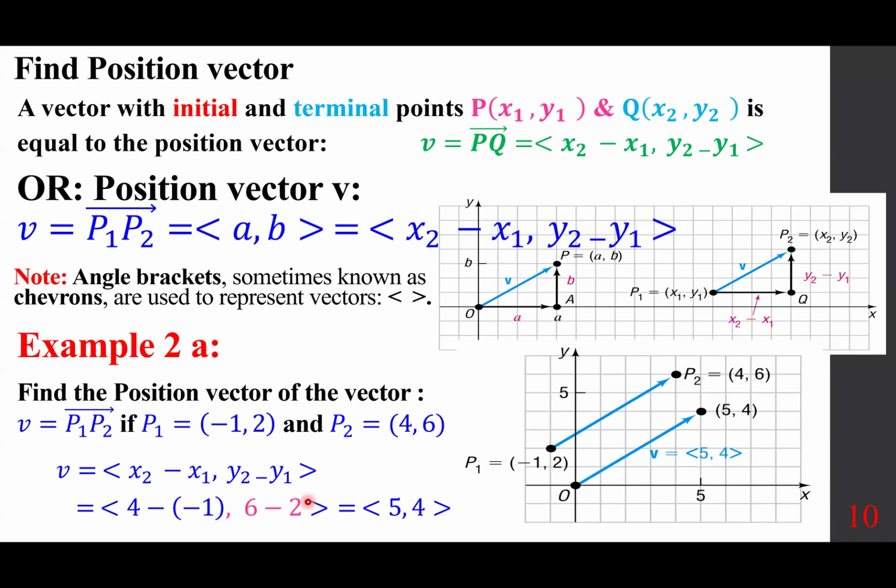So now the initial point moves to 0, 0, and the terminal point has coordinates 5, comma 4. They are paired. Pretty straightforward.